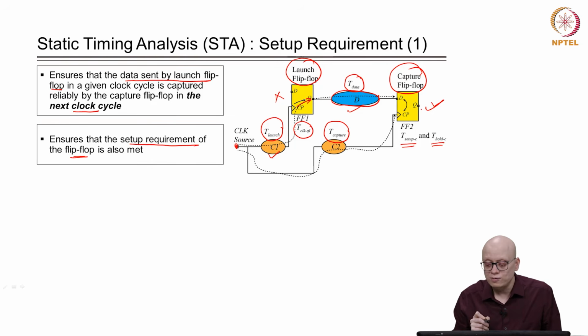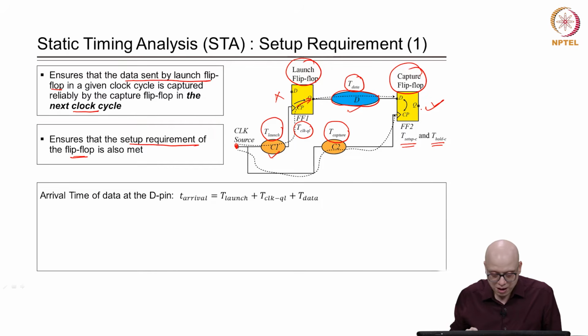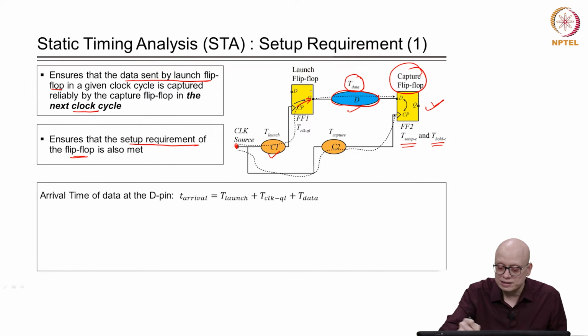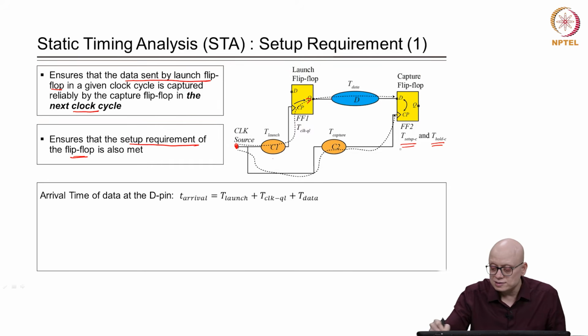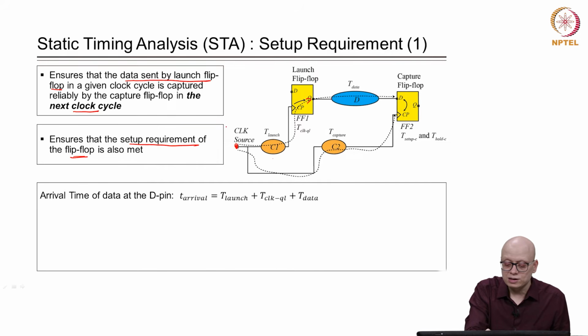Okay. Now, let us understand what are these constraints or requirements that must be met for this circuit. Now, for the arrival time, let us assume that a clock edge is generated at time t equal to 0 at this point, right.